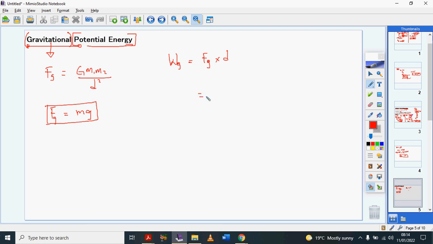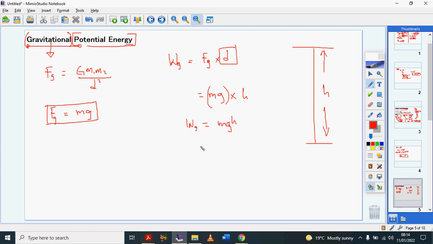And we know that force of gravity is mass times gravity, mg. The force of gravity usually works in vertical distances when the object is falling, so we're going to replace that d with height, h. So gravitational potential energy is given by m times g times h, which is commonly just mgh. Work done by the force of gravity, sometimes written as gravitational potential energy, G subscript PE, is just equal to mass times gravity times height.